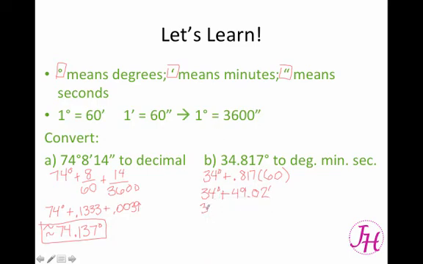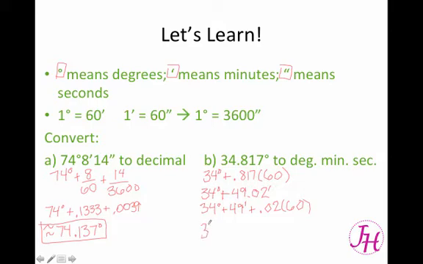All right, so we got 34 degrees, and then we have 49 minutes. And then we're going to take that 0.02 and multiply by 60 again, because right now we're in minutes, and we want to convert that 0.02 to seconds.